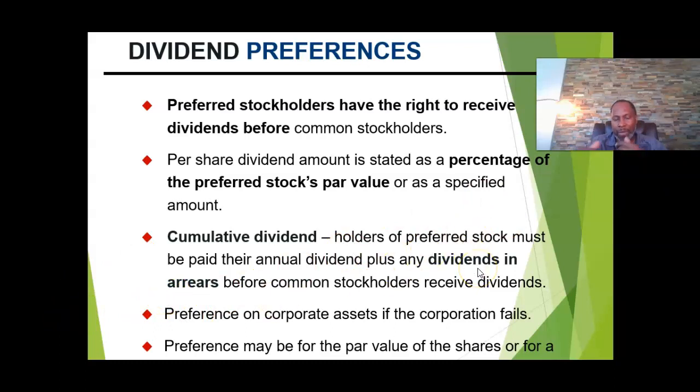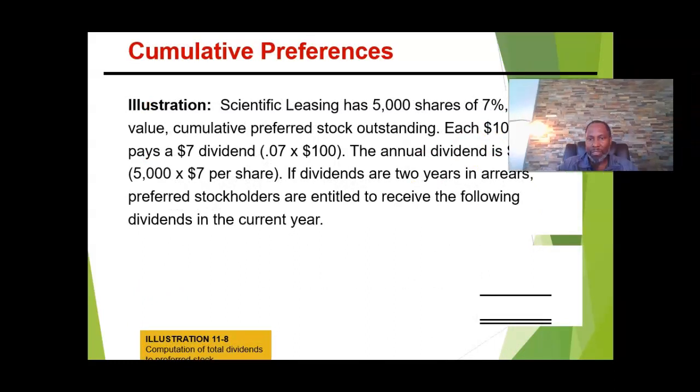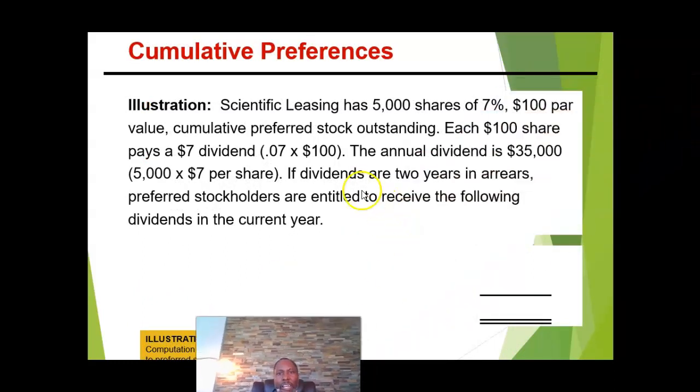So when we pay out dividends, we must pay the preferred stockholders for any dividends owed for previous accounting periods, as well as the amount owed for the current accounting period. For example, let's say that we have 5,000 shares of 7% $100 par value cumulative preferred stock outstanding.